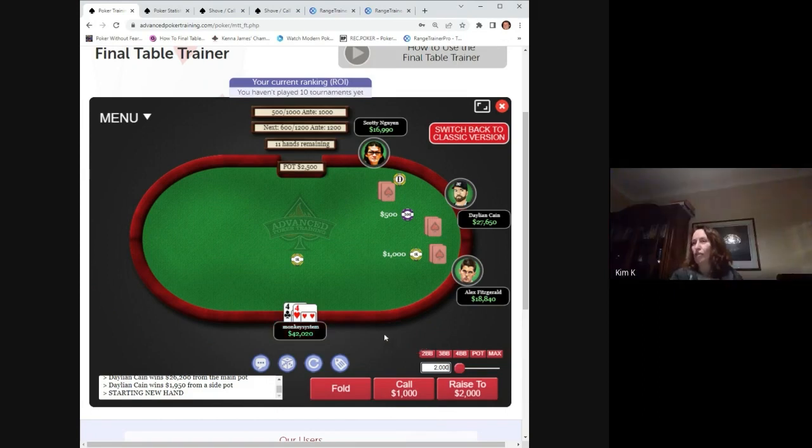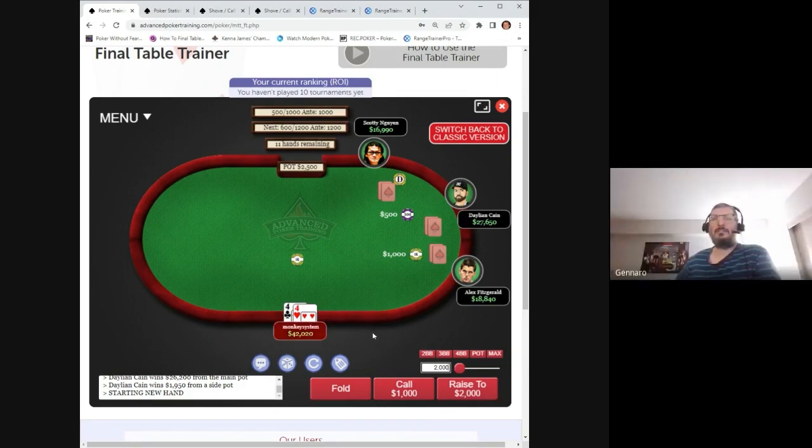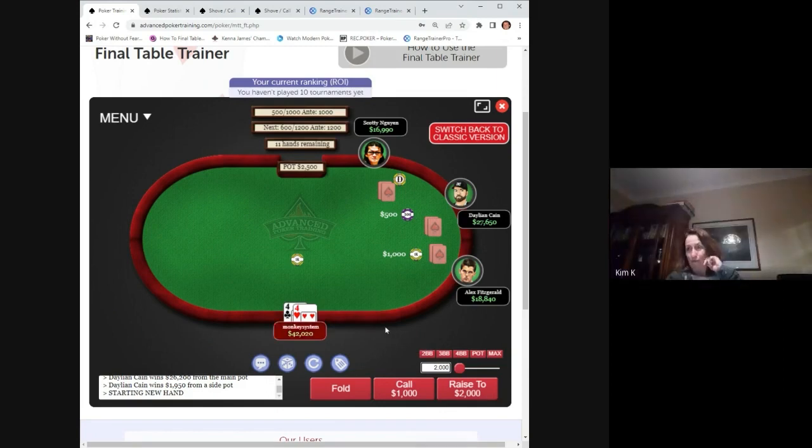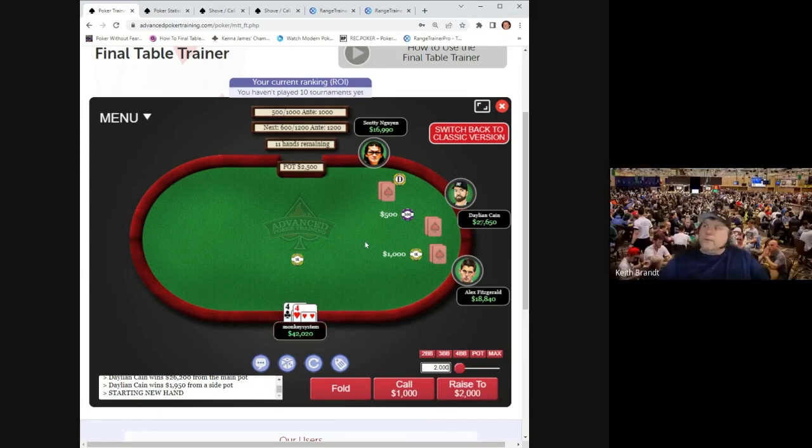I don't think you can raise to 2 and fold to a 10 big blind jam. Yeah, exactly. Do we think we're ahead of that jamming range? I guess the rule of thumb for calling these off is if we think he's jamming with at least one pair that's lower than our pair.